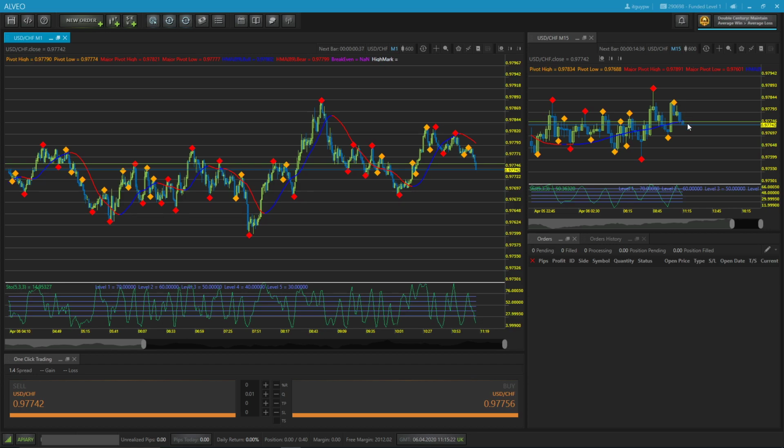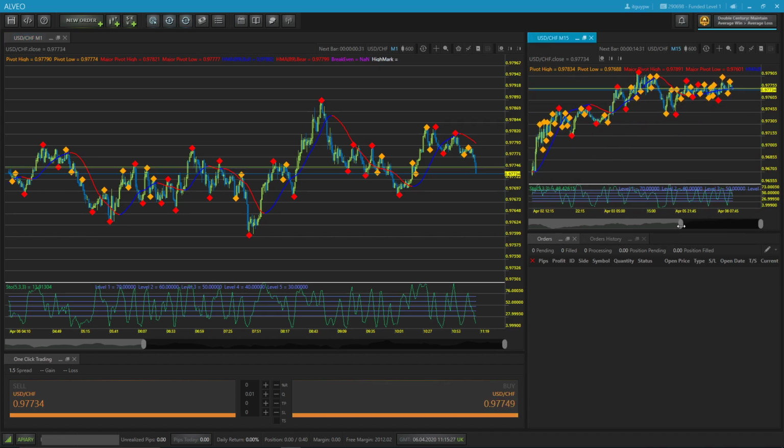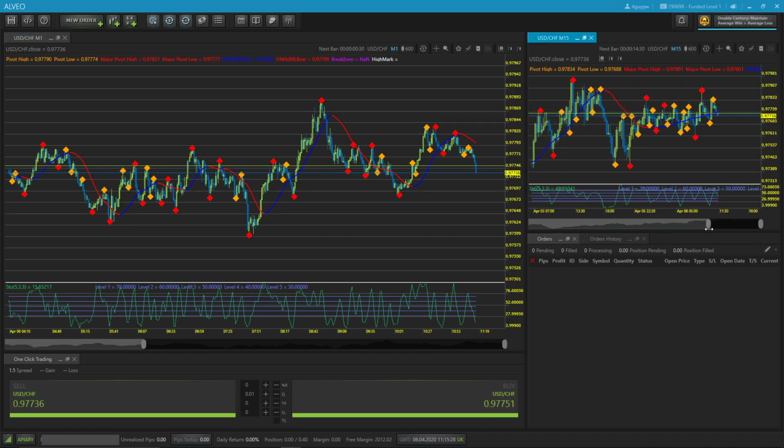So we could be stuck in some consolidation, and if that is true, you run the risk of being on the wrong side if it breaks out. The overall trend is up, but this could come back down to the downside with all this consolidation here.